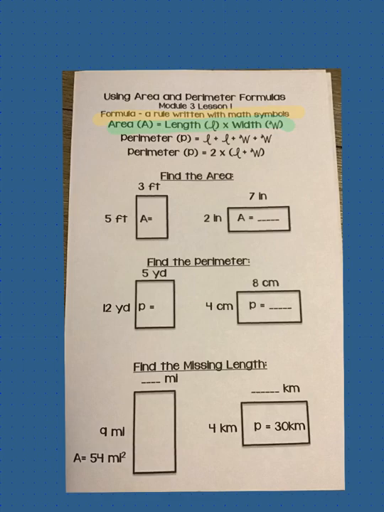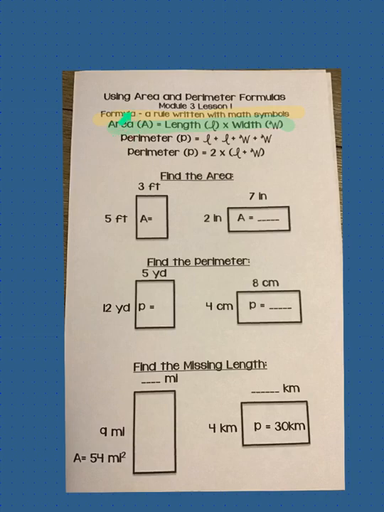But we use symbols like the cursive L for length and the cursive W for width. Length is always going across, how long it is, and width is how wide it is. We usually talk about how high something is when we're doing this, but this is also how wide it is.